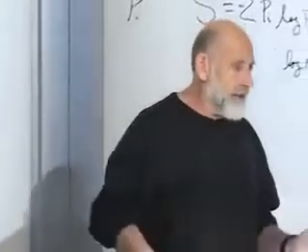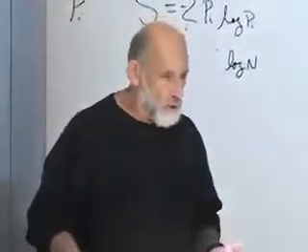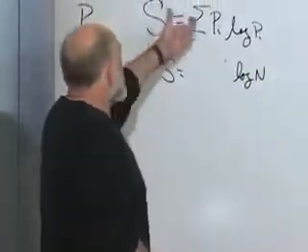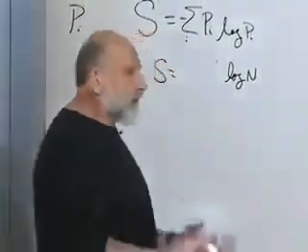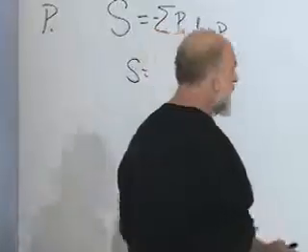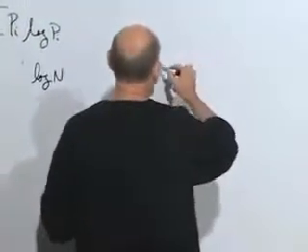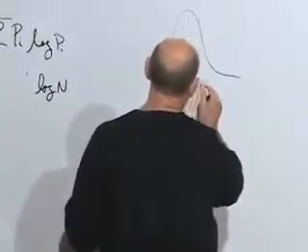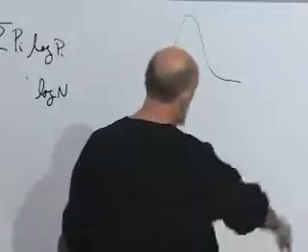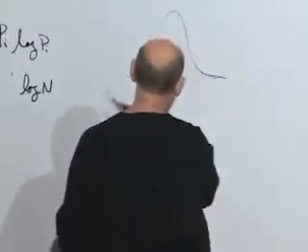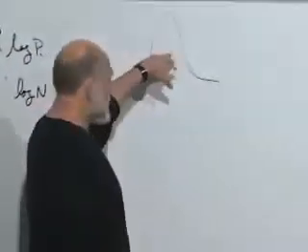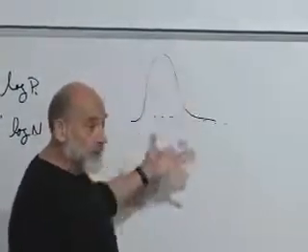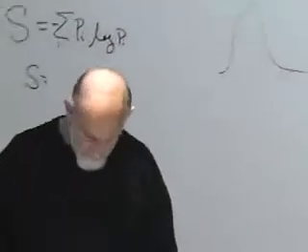That's as close as I can get to giving you a definition in words, but you don't need a definition in words. This is precisely what it is. Nevertheless, it is true that if you have a probability distribution which is fairly large over some set of states and then pretty small everywhere else, the answer for the entropy will essentially be the logarithm of the number of states for which the probability distribution is significant.